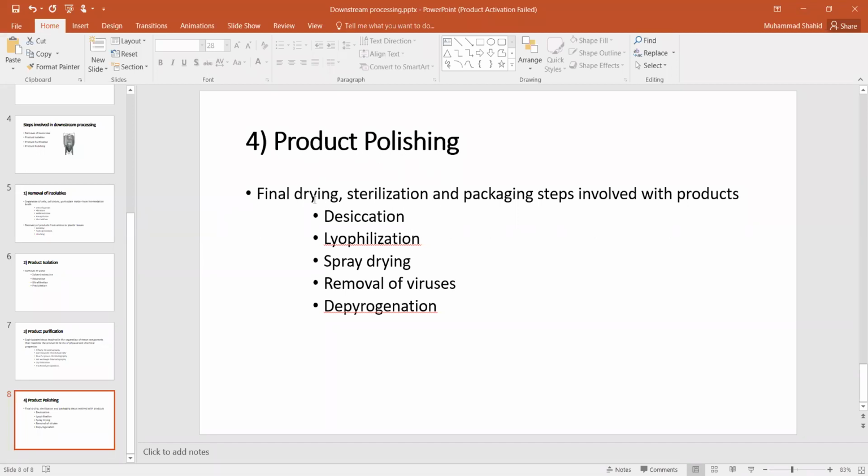In this step, we can finally dry our product, we can sterilize our product, and we can package our product. So these are some of the steps involved in the final polishing of the product.